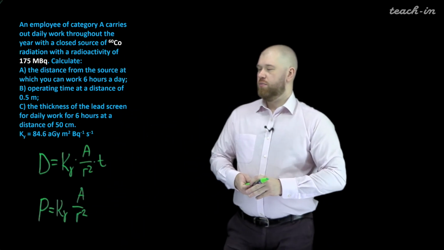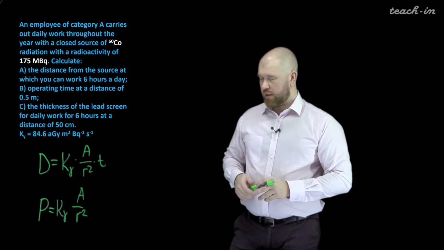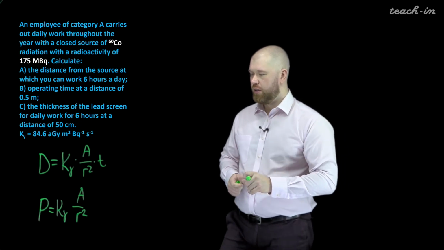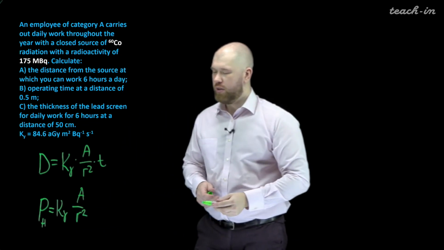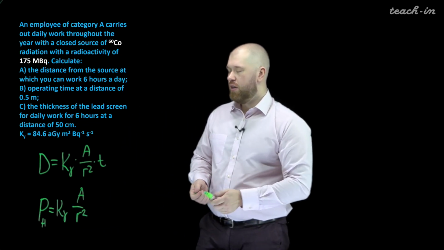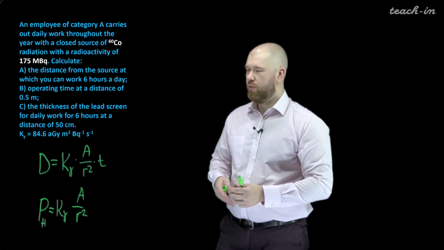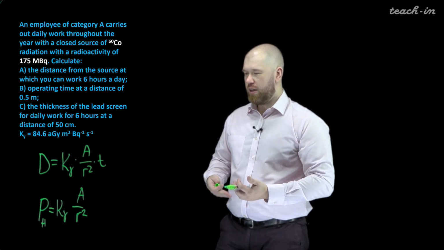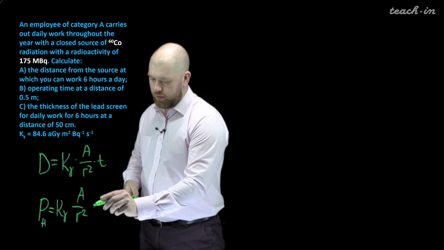Here, it is an absorbed dose, and to recalculate it to the equivalent dose, we should take into account the difference between air and biological tissue, as this gamma constant is calculated for air.